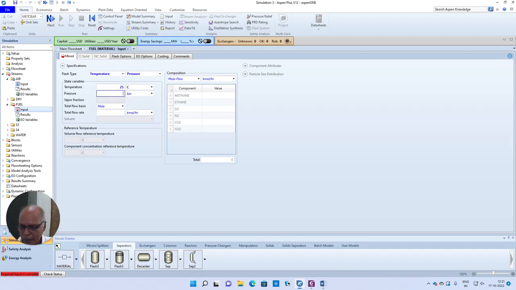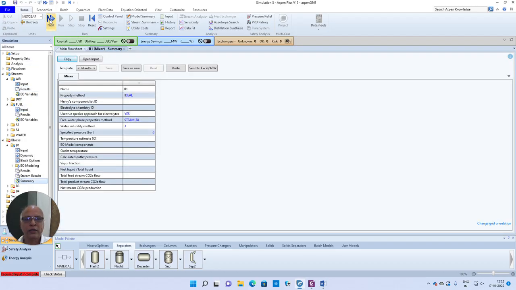Again, temperature and pressure may not matter. Because we are interested in calculating excess air, the flow rate doesn't matter. So I am assuming the flow rate of fuel at 100 kilomoles per hour, having the composition of 50% methane and 50% ethane. We have defined both the input streams.